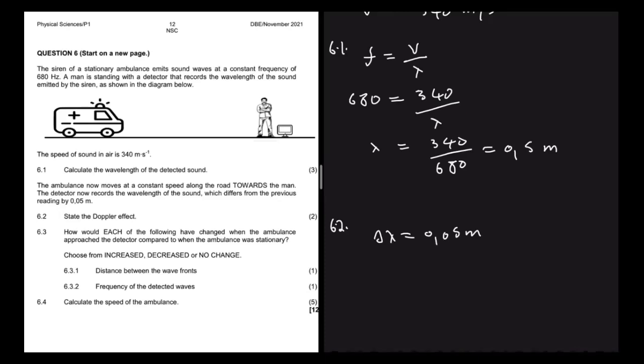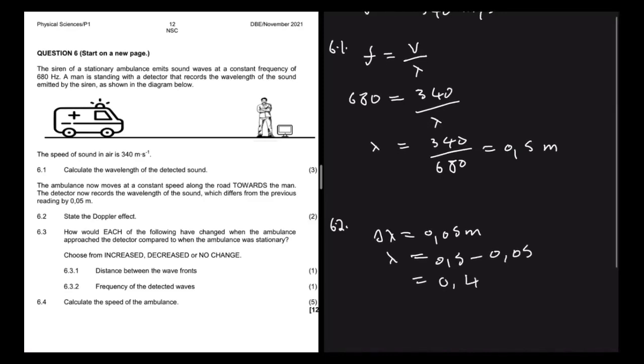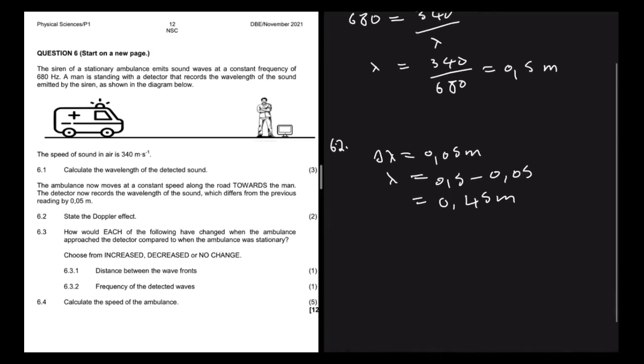So from here, we should know that the new wavelength of the detected sound will be equal to 0.5 minus 0.05, which is 0.45 meters. Up to so far, there's no question that is asking us to do this, but it's just obvious because I'm reading the statement and I understand what it is saying. So I know that the new wavelength that is going to be detected is going to be 0.45 meters.